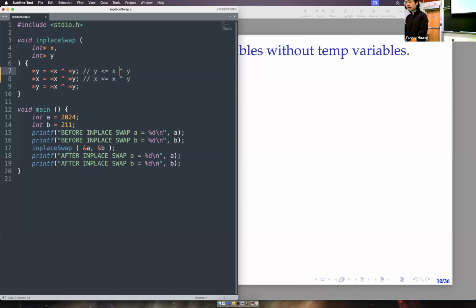This Y at this point is going to be, in parentheses, this. And XOR is an associative operation, so we can move the parentheses around. We can re-parenthesize it. All that is equivalent to this.